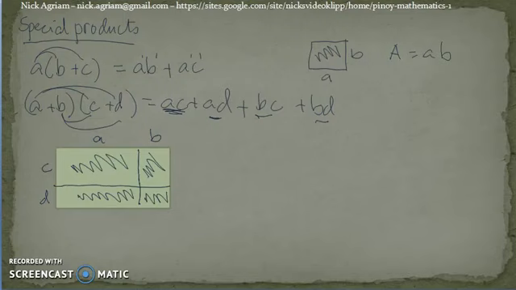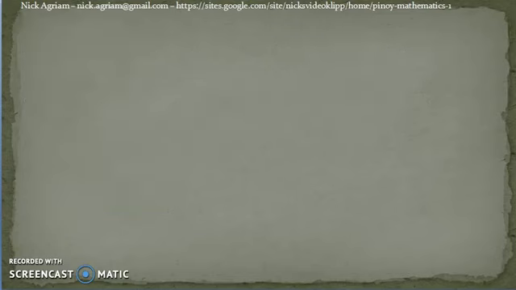Okay, let's see if we can take some special products now. The first special product that we're going to discuss is the square of a binomial.